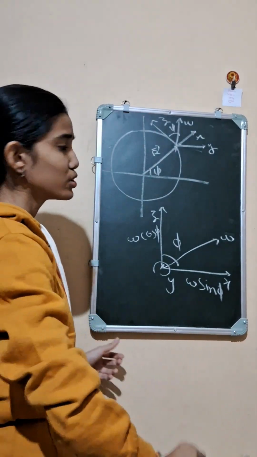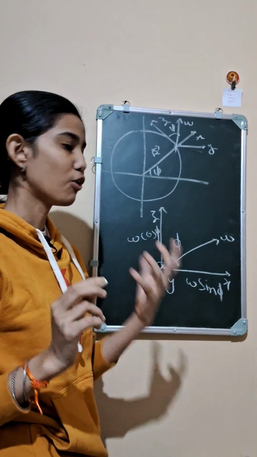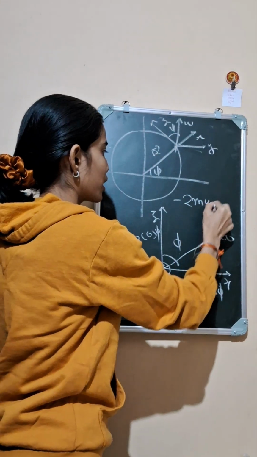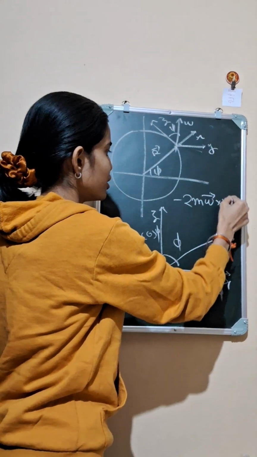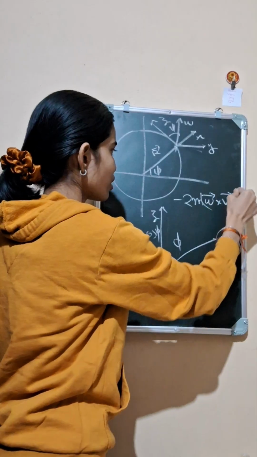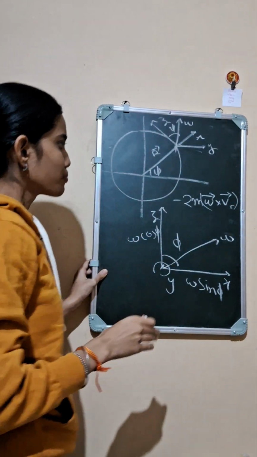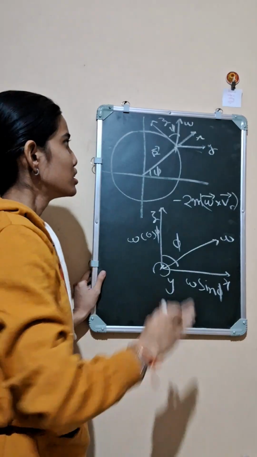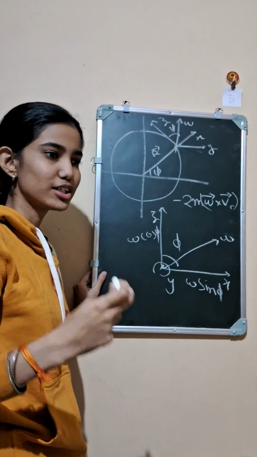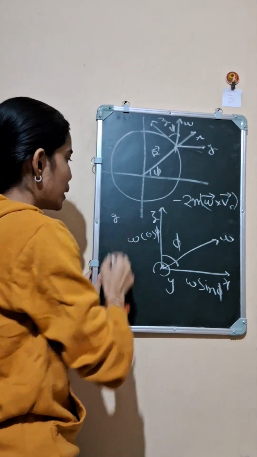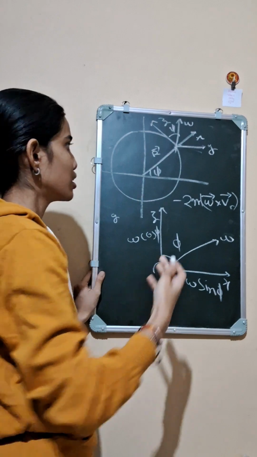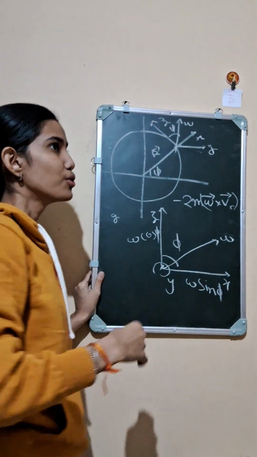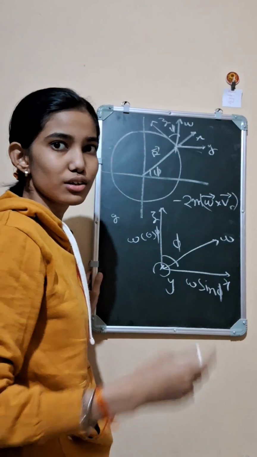So we know that the formula of Coriolis force is minus 2m omega vector cross Vr vector, right? So actually the vertical component of the Coriolis force will result into our acceleration due to gravity, that is g, but the force experienced along horizontal direction will make the difference.